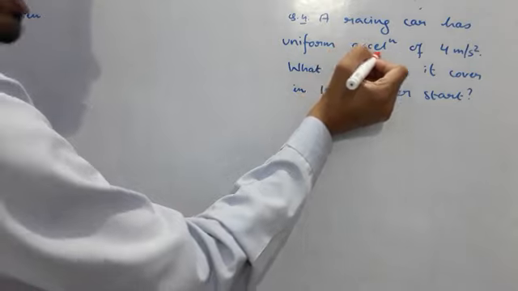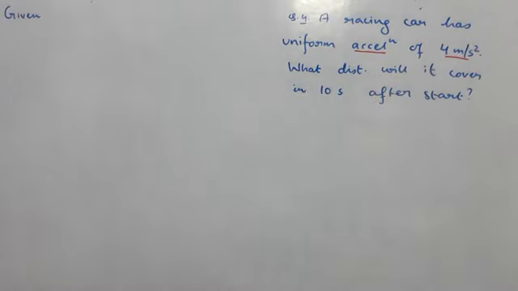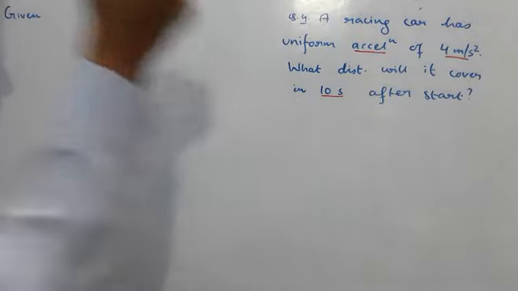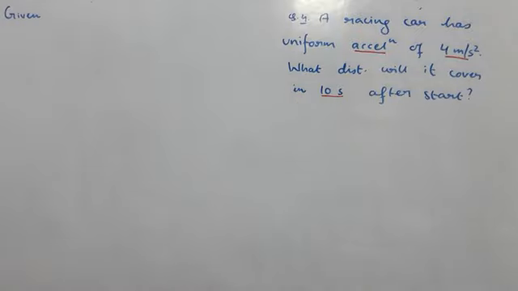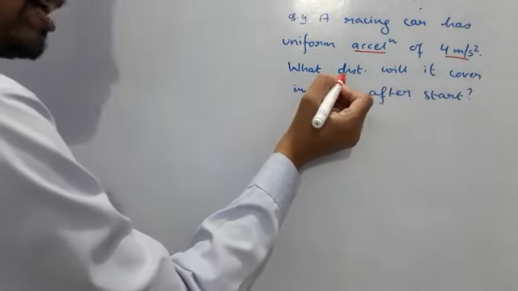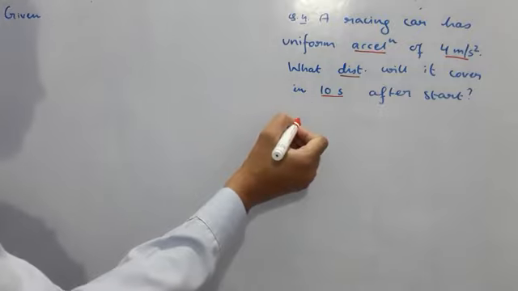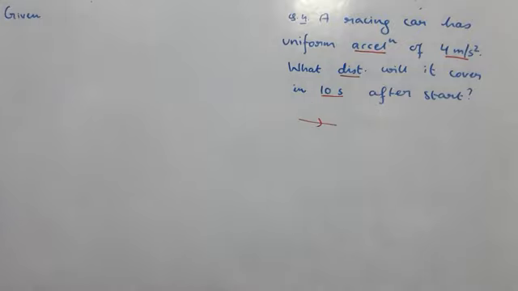For example, acceleration is given how much? 4 meters per second square. Underline it. The time is given, 10 seconds. What we have to find? We have to find distance, and most of the questions will have a straight line motion like this. So the distance and displacement will be same, so you should not bother about that.